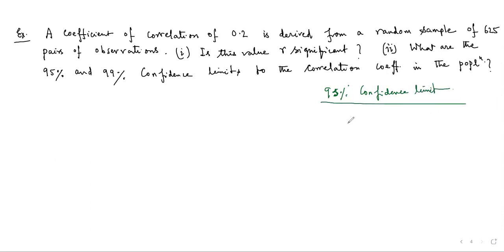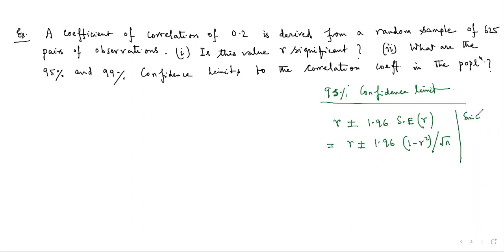In this particular case, it would be the correlation coefficient R plus minus 1.96 standard error of the correlation coefficient, or you can write it as R plus minus 1.96 times 1 minus R square divided by root n. This is the formula that you are going to use.